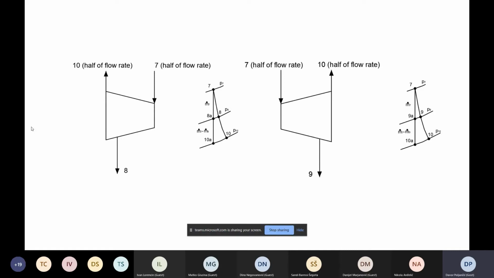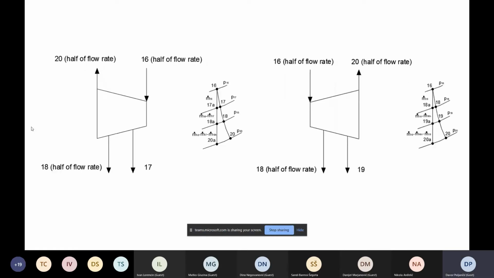Pictures on this slide show turbine cylinders of the high-pressure turbine with its entropy-enthalpy expansion points. Turbine energy efficiency was calculated using real or polytropic and ideal or isentropic expansion points and steam extractions at a certain pressure point. On the next slide, you can see a similar picture only for the low pressure turbine.